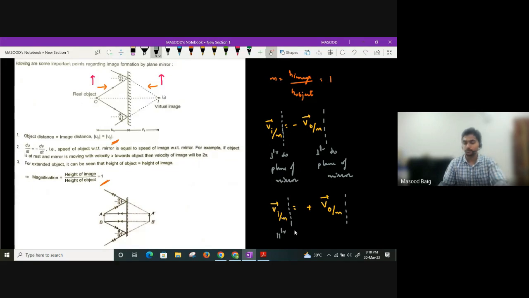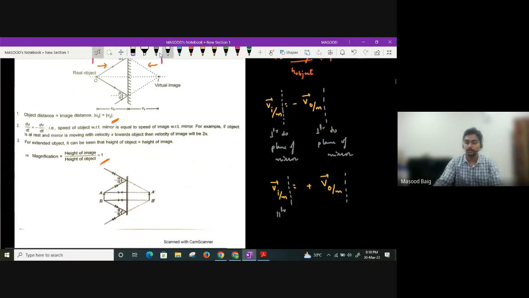I'm talking about those components which are parallel to the plane of the mirror. I hope it is clear to all of you. Let us be interactive, guys. Parallel to the plane of the mirror. This component also, if I take, will be parallel to the plane of the mirror. Did you understand, everyone? These two points in plane mirror are very important again. Clear?